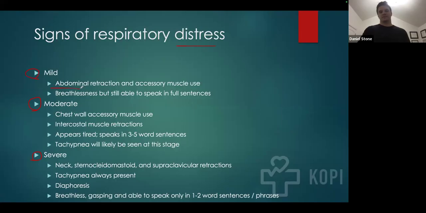So the way I usually think about it is that the abdomen starts first, then the chest, then the upper portion of the torso or the neck. So you don't usually see nasal flaring until very severe forms of respiratory distress. Tachypnea is almost always present in severe; it doesn't always need to be present in mild to moderate.